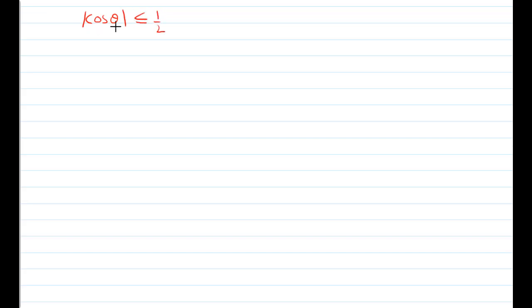Okay students, to solve this problem, first of all I want to find the value of theta so that mod cos theta equal to half, or I can say cos square theta equal to 1 by 4, or cos square theta equal to cos square pi by 3.